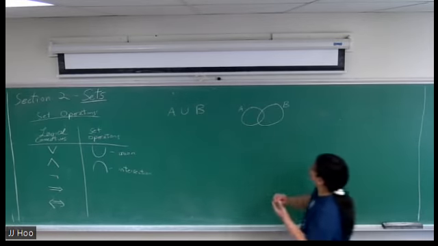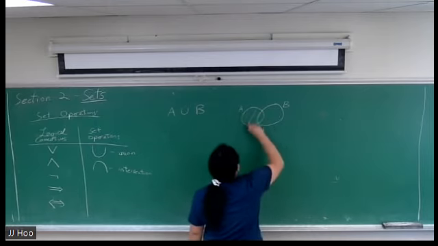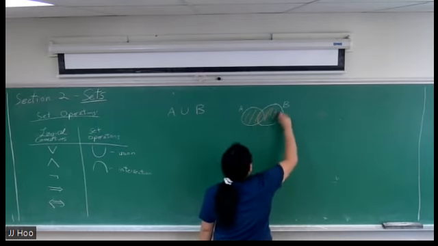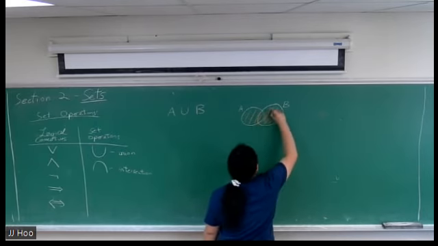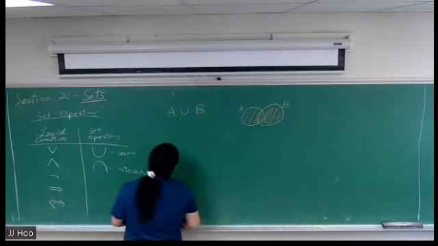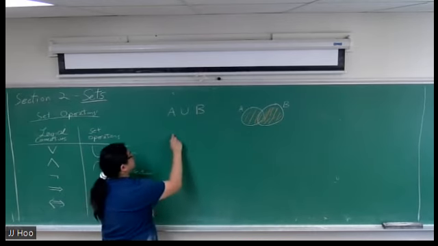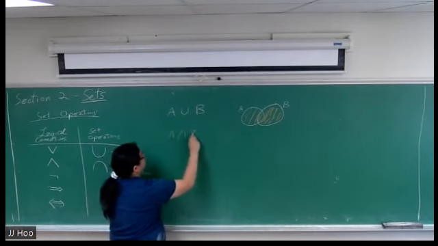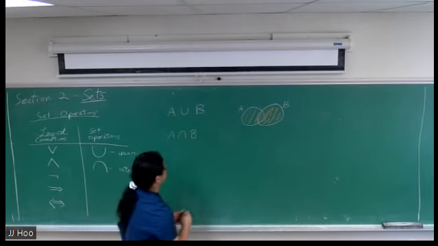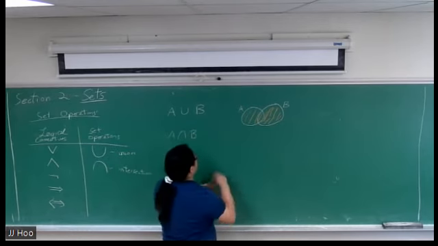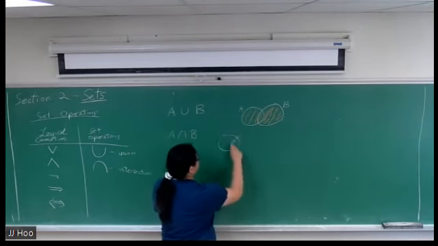So the idea being that the union is all of this, right? And the intersection, it's probably equally obvious to see, right?